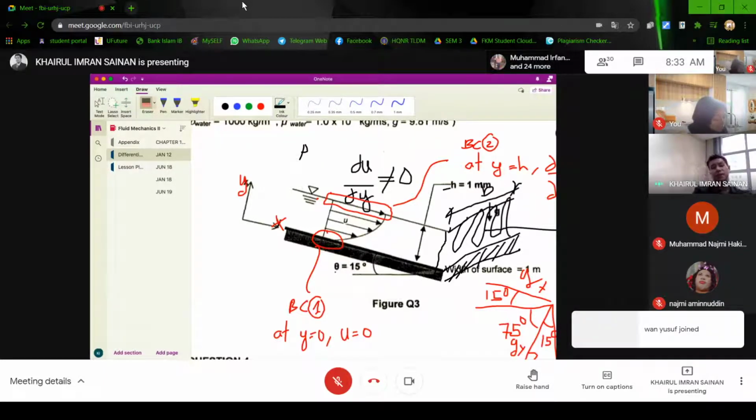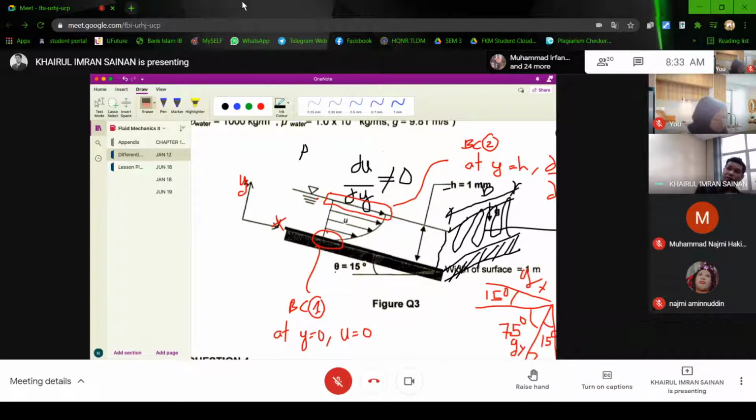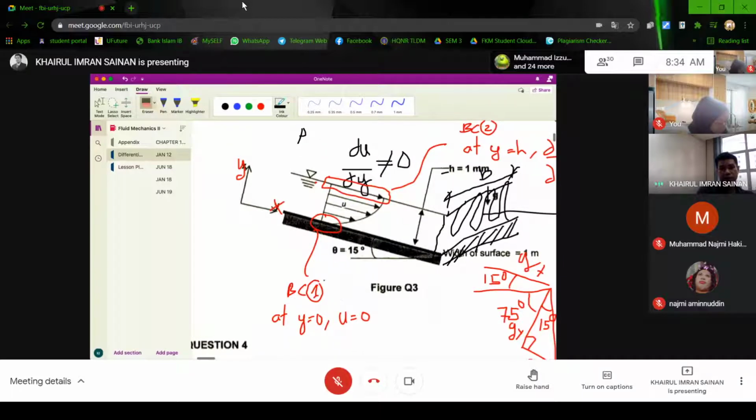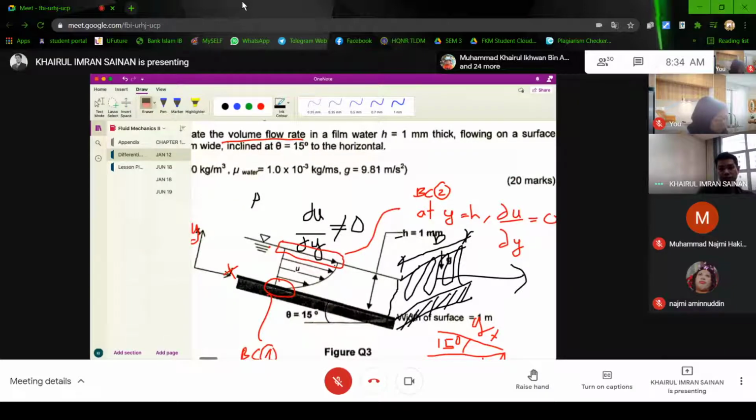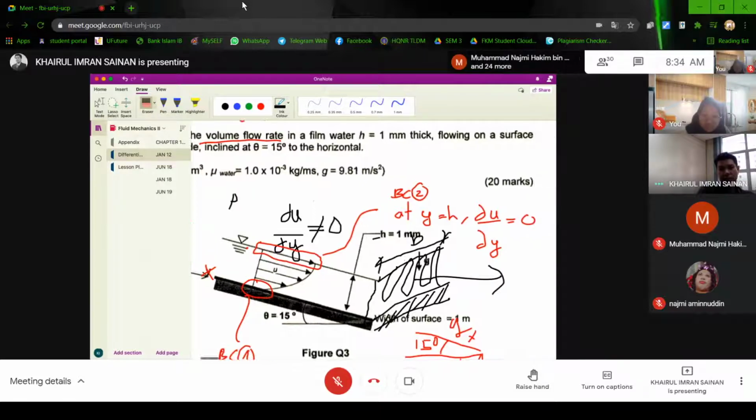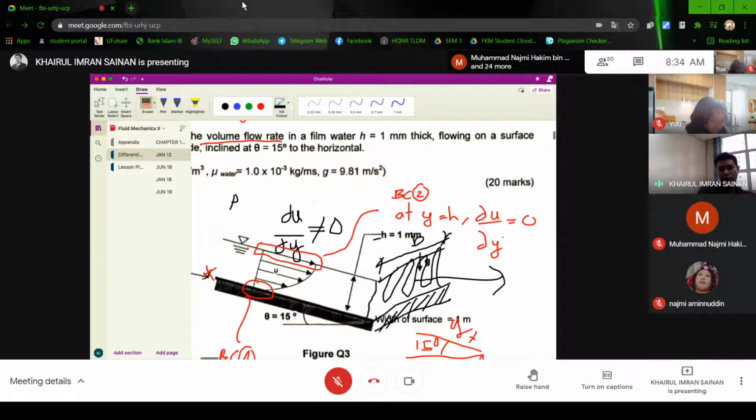So next, after that, you can apply boundary conditions, and this is true for boundary condition number 2. For BC2, the height is h, so at y equals h, du over dy equals 0.